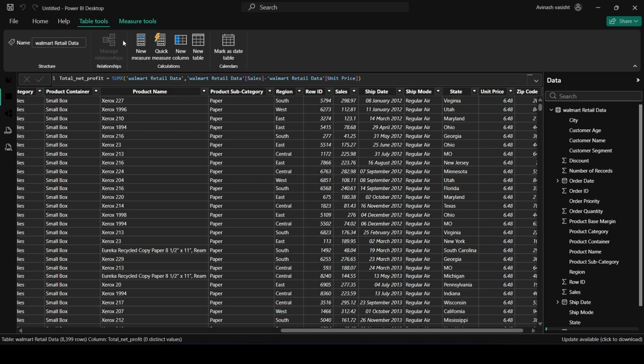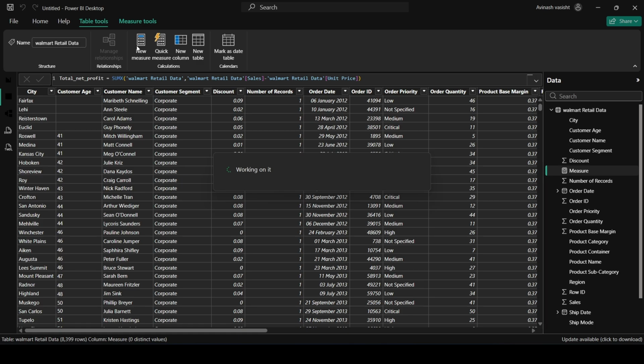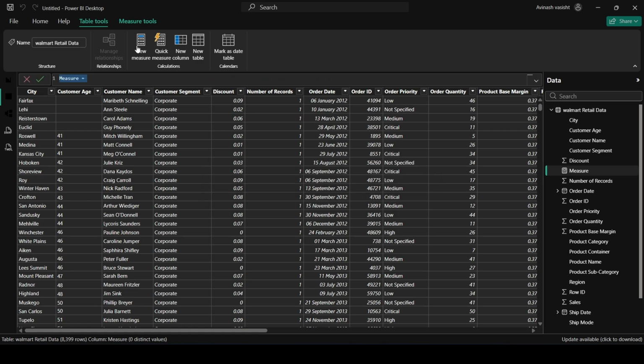Again we will click on New measure. We will name it average sales value. And the DAX is AVERAGEX.